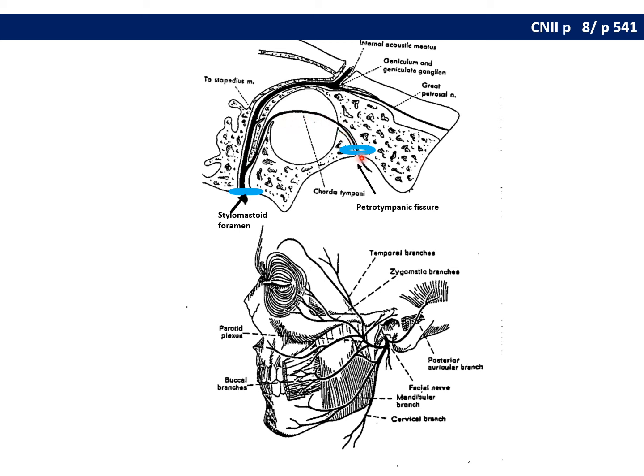It exits the petrotympanic fissure on its way to the infratemporal fossa, where you saw it join the lingual nerve in the infratemporal fossa. And then the facial nerve exits the stylomastoid foramen.